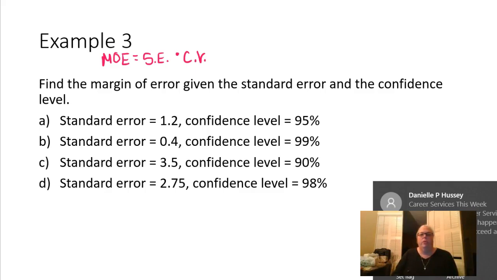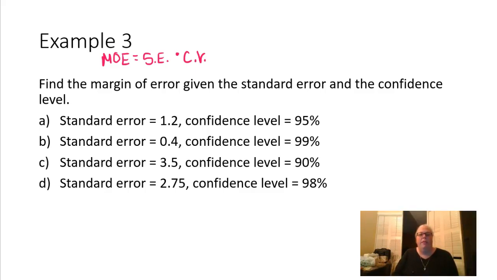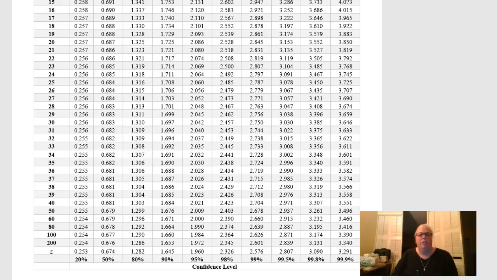Okay, so for part A, we have a standard error of 1.2 and a confidence level of 95%. Well, on table A3, let's see if we can find the critical value that goes with 95%. Down here on the Z line, we're at 95%, and the critical value is 1.960.